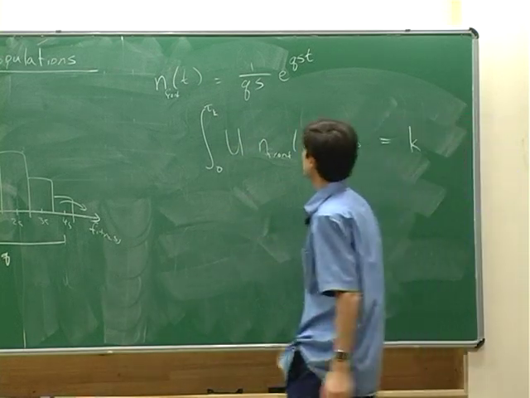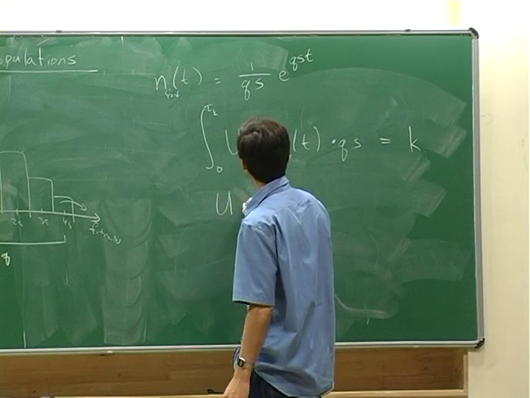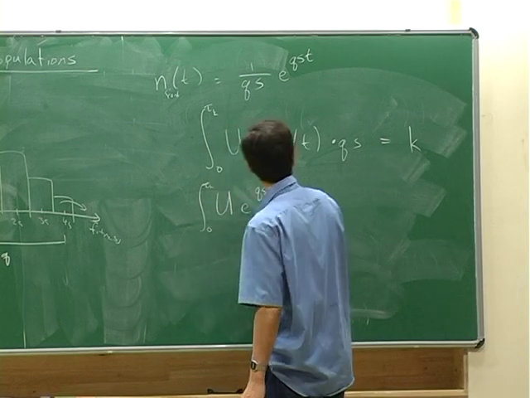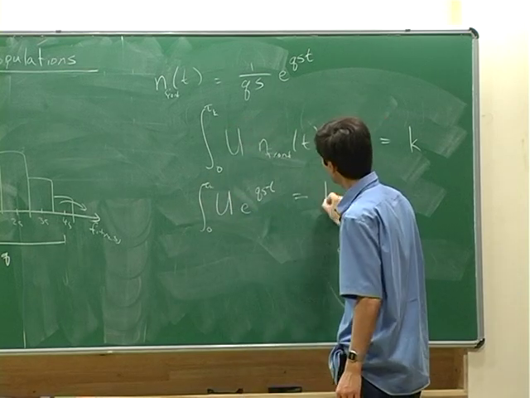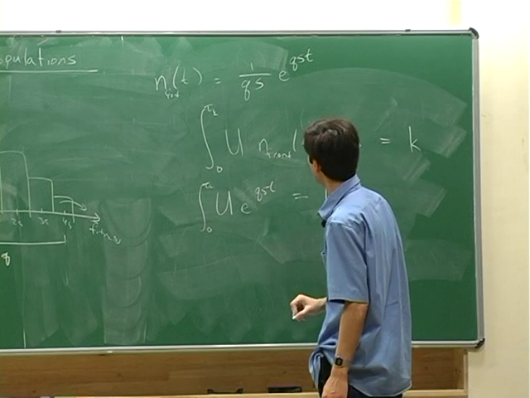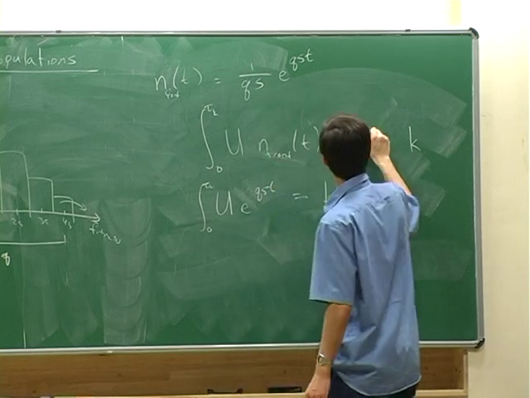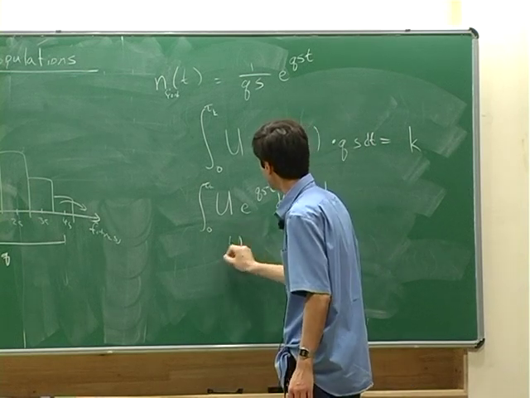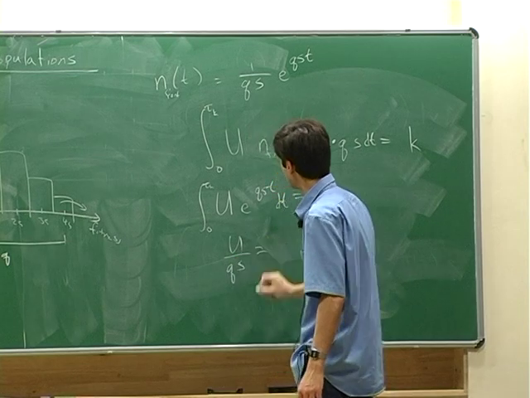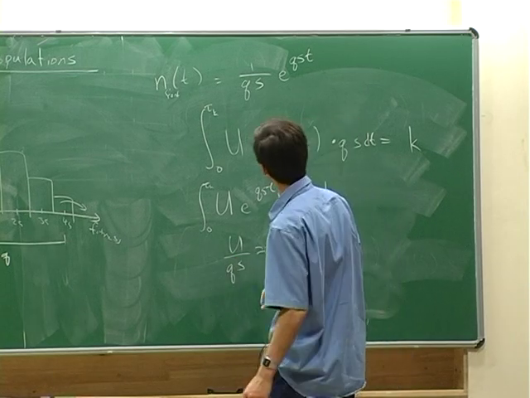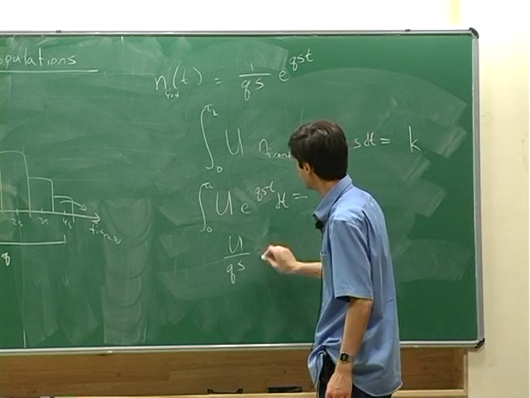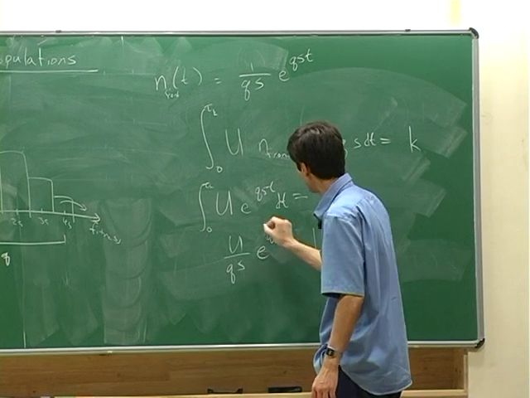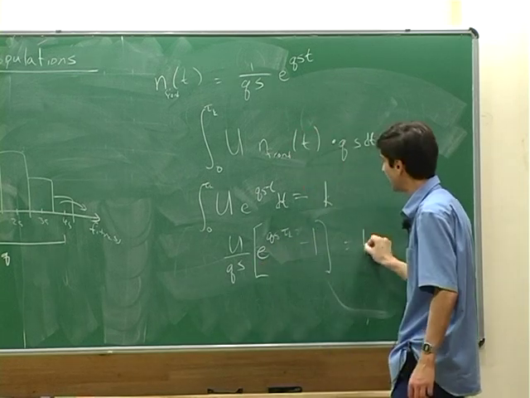So we just plug this in. We get u times e to the qst integrated from 0 to tau k equals k, dt. So we get u over qs times e to the qs tau k minus 1 equals k.